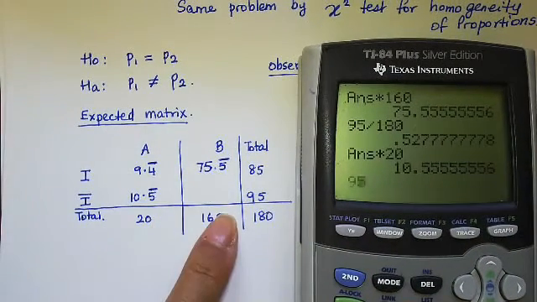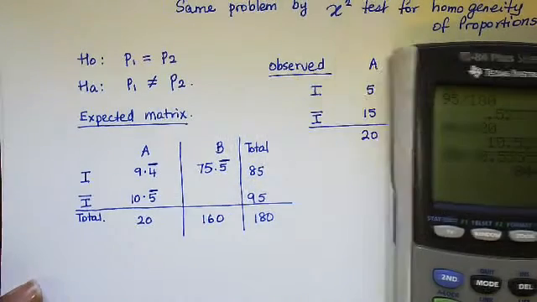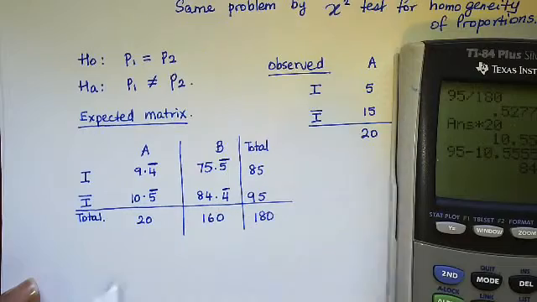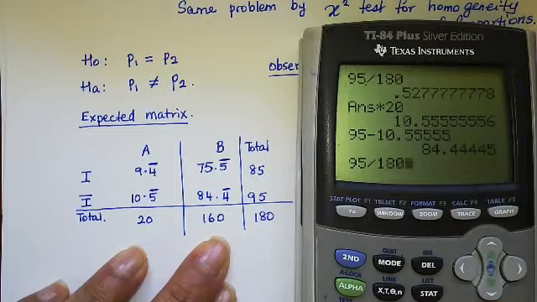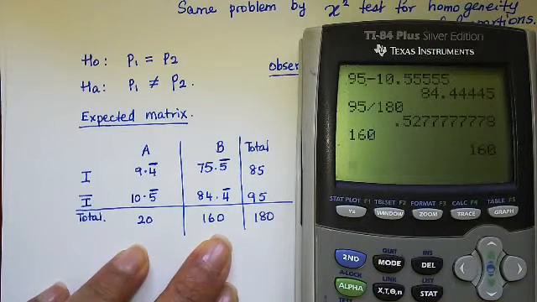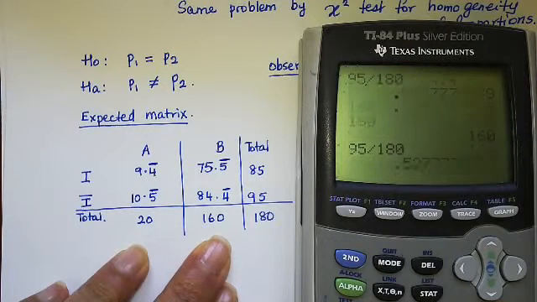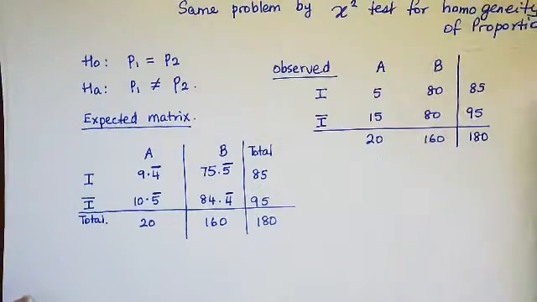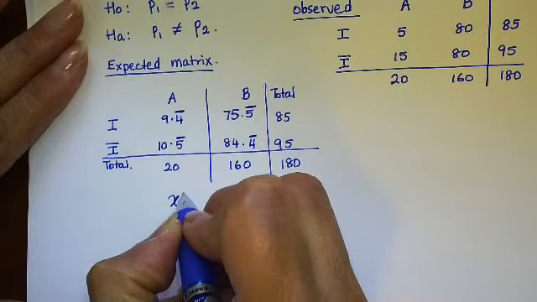And then this one, which is just 95 minus that. 95 minus 10.5. 84.4 repeating. 95 divided by 180 times 160. 84.4 repeating.